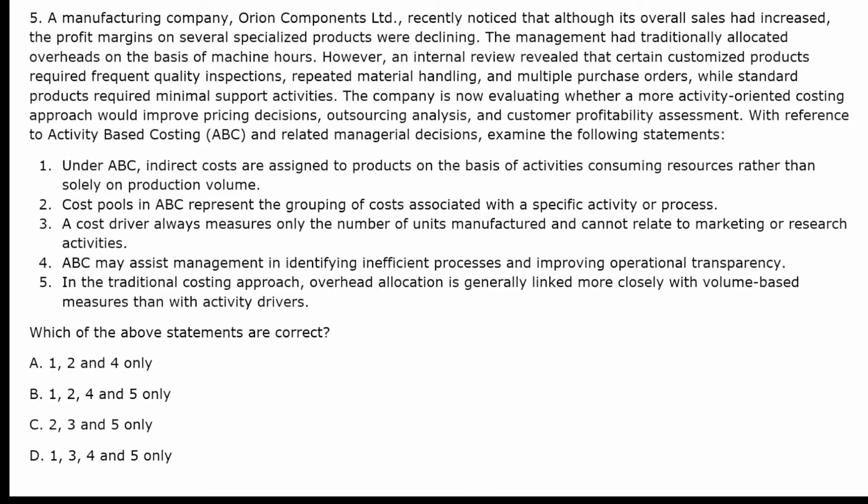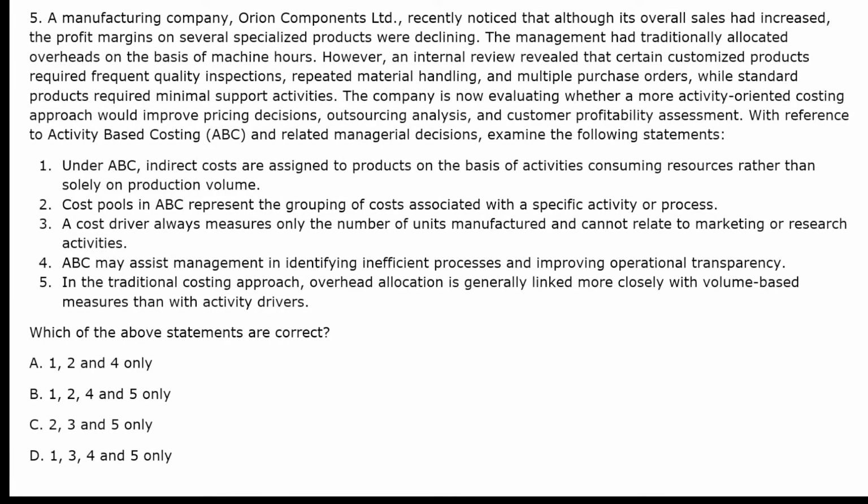However, an internal review revealed that certain customized products require frequent quality inspections, repeated material handling, and multiple purchase orders, while standard products required minimal support activities. The company is now evaluating whether a more activity oriented costing approach would improve pricing decision, outsourcing analysis, and customer profitability assessment. With reference to ABC, that is activity based costing, and related managerial decisions, examine the following statements.